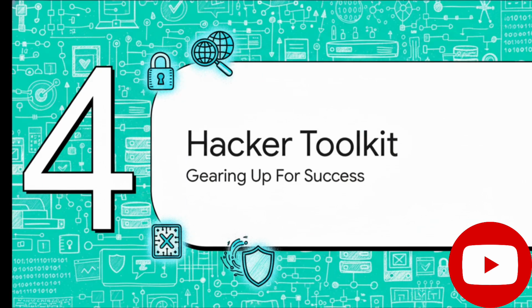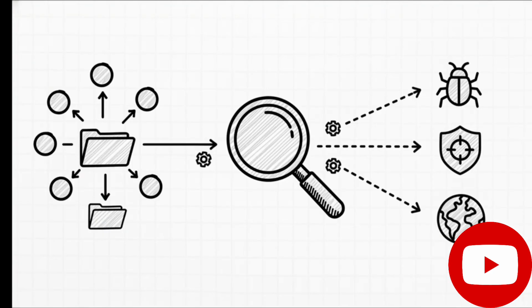Section 4. The complete hacker toolkit, gearing up for success. No tool works entirely in a vacuum. HTTPX is your primary HTTP probing tool for sure, but it is part of a much bigger workflow. You'd typically start with something like Subfinder or Amass to dig up a massive list of subdomains.